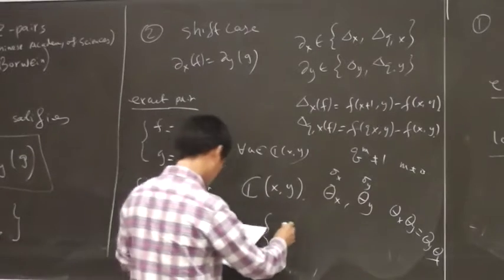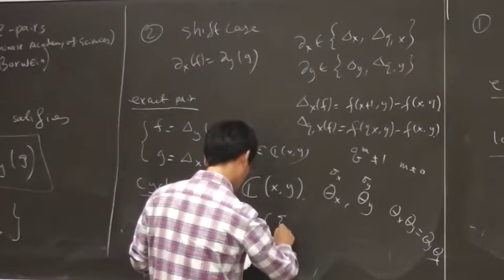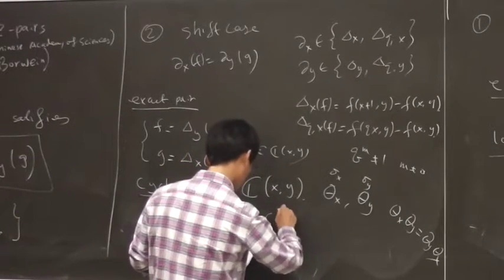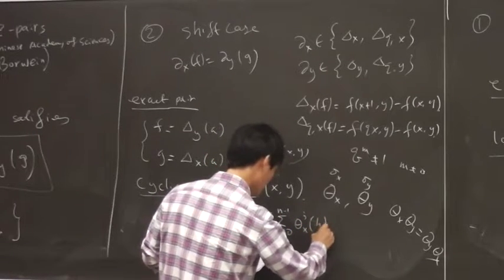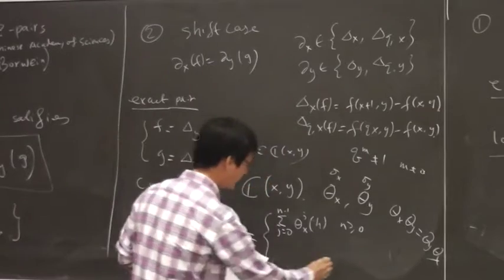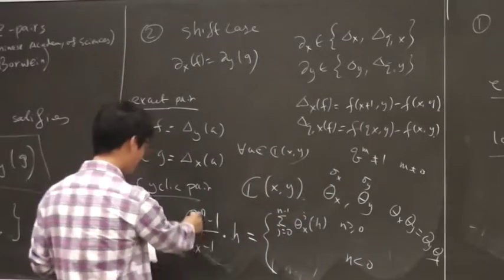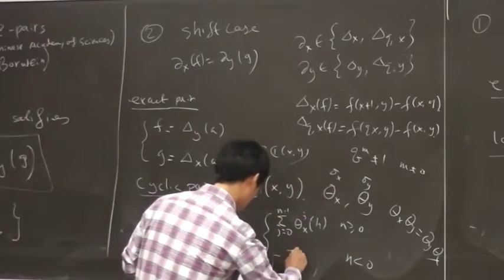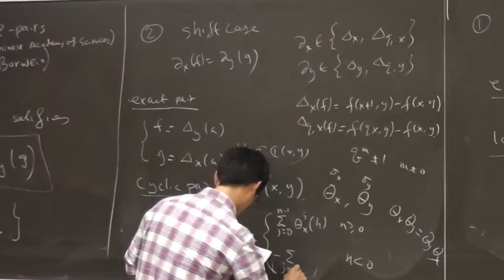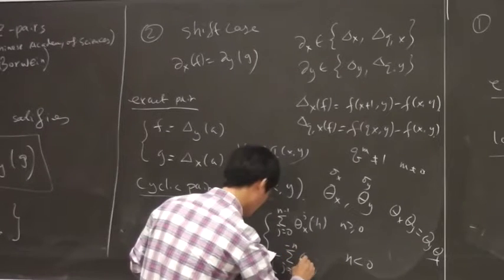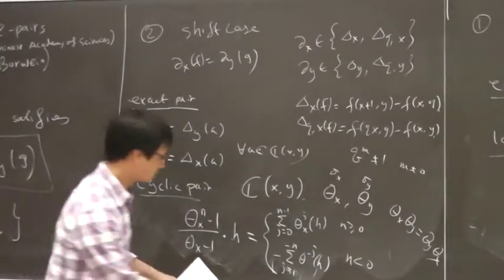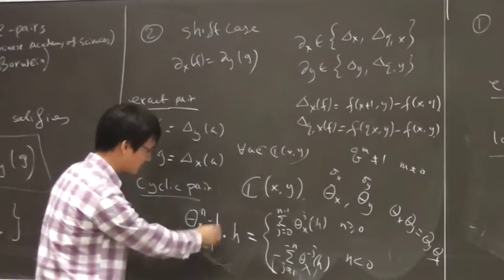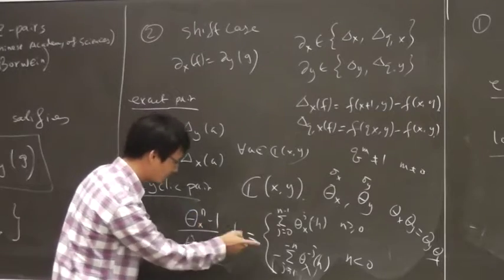When n is positive, this is equal to the usual thing, just apply this sigma x to h, for n greater than 0. When n is negative, it's different. This is just a notation, because I don't want to write down a formula in the final theorem with cases; using this notion, I don't need to say whether n is positive or negative.